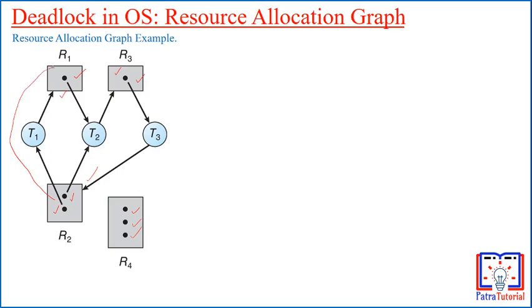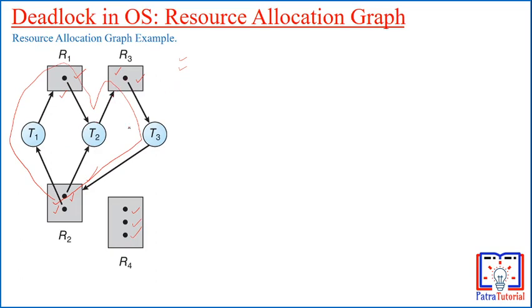This means it is satisfying the hold and wait condition. So first one is what? Mutual exclusion, right? Mutual exclusion is satisfied. And the second one is what? Hold and wait. So each process is holding something and requesting something.